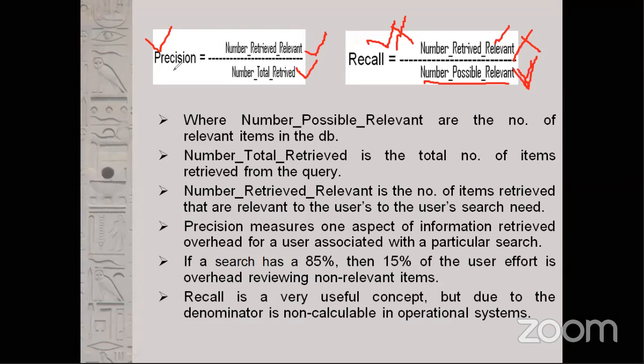Maximize the precision value. Suppose initially it is 0%. Then my IRS is not good. From 0 to 1, 2, 3, 4, 5, like that, I have to finally achieve 100%. Once it achieves 100%, my IRS is the best IRS. It is retrieving all relevant documents.